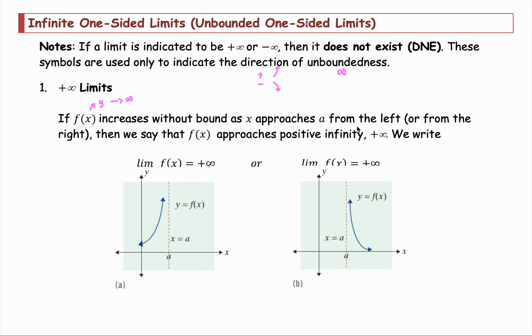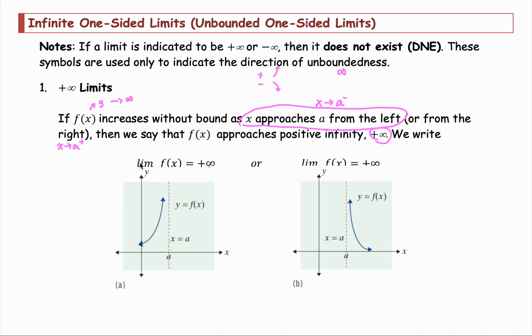As x approaches a from the left, the notation, as you recall, is a superscript negative side, or from the right, that means x approaches a from the right, or superscript plus side. Then we say that f of x approaches positive infinity, increasing, going up.